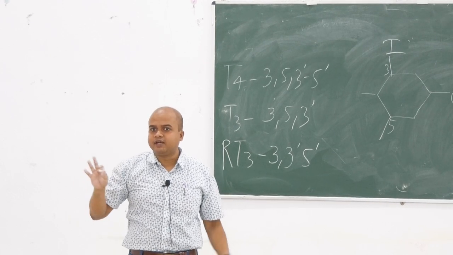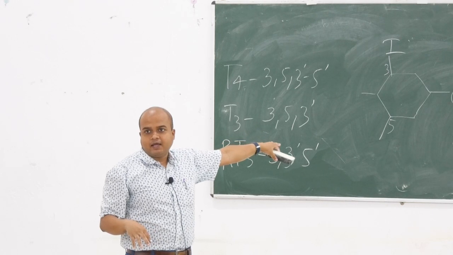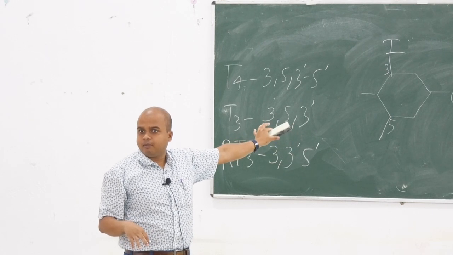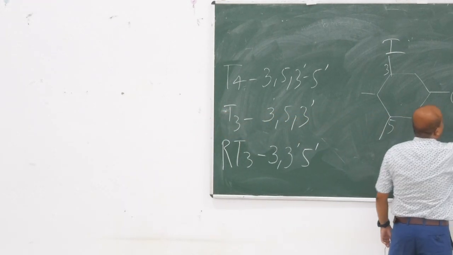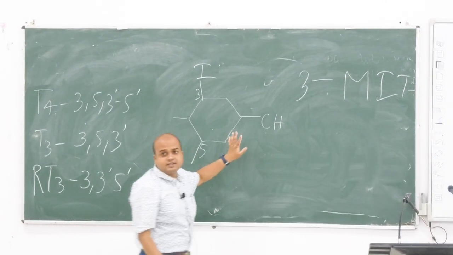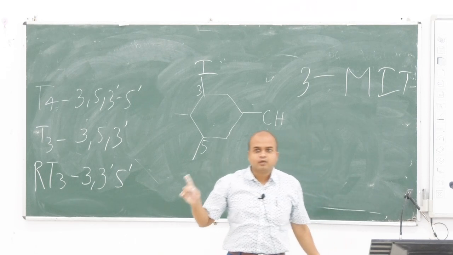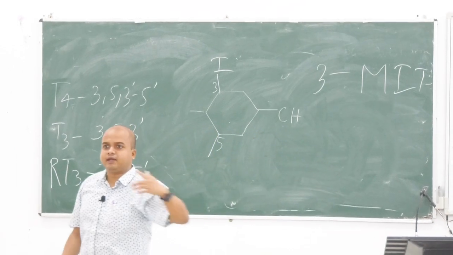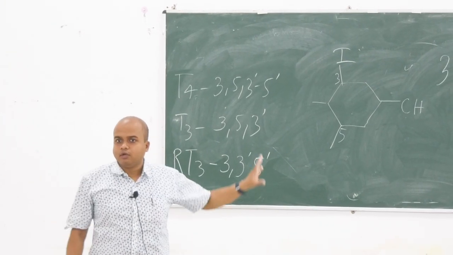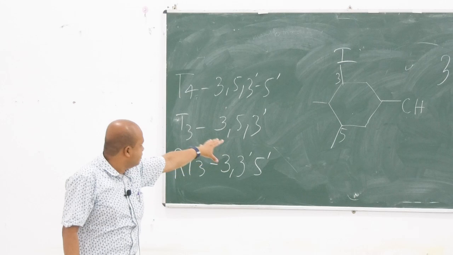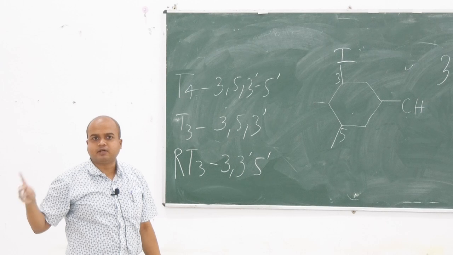We are not going into detailed structure, so even if you don't like to remember this amine, NH2, COOH, this much you can write: CH, NH2, COOH. Carbon atom has 4 hands. One hand will be attached to the aromatic ring, one is hydrogen atom, one is NH2, one is COOH. Even if you don't like that, just concentrate on the aromatic ring and the third and fifth position.